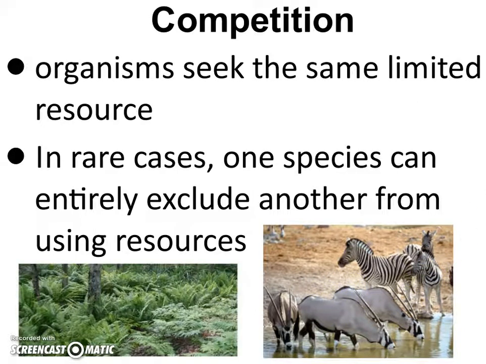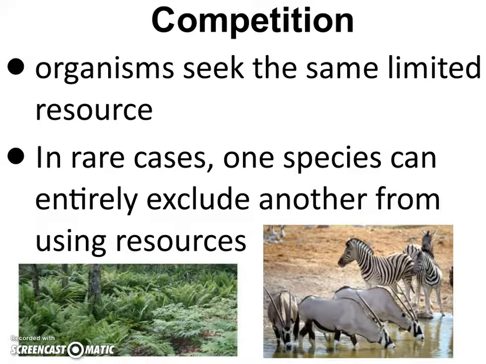If they have an overpopulation of zebras and other species trying to get to this water source, it's going to be depleted, and it's going to force these species to move to a different region. In rare cases, one species can entirely exclude another from using the resource. This is not very common, but it does happen on occasion.